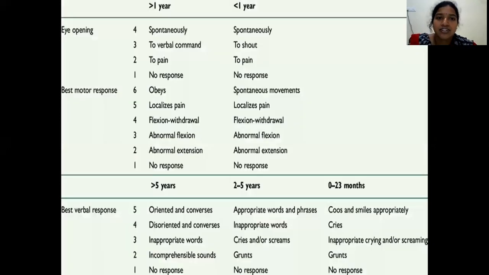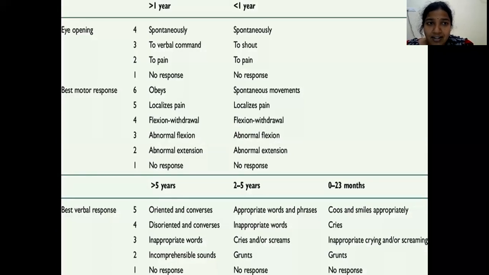So this is the GCS scale. This is how we grade and say whether the child is in coma or not. This GCS has 3 components, and it is also subdivided according to age. Okay. The 3 components are eye opening, best motor response, and best verbal response.